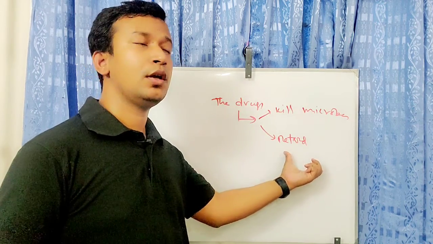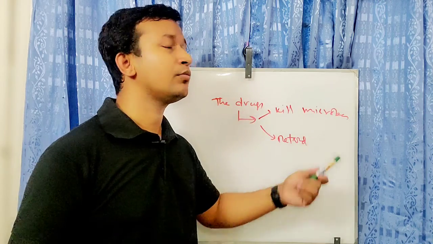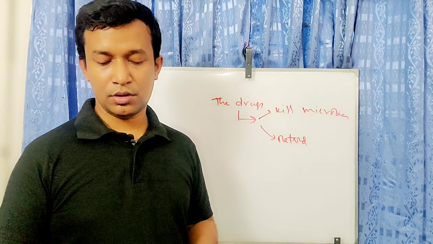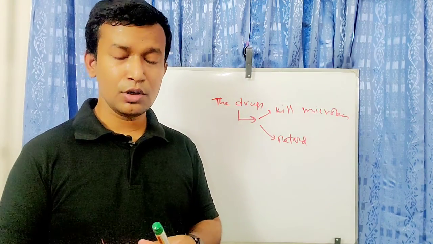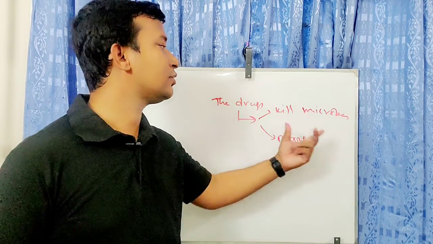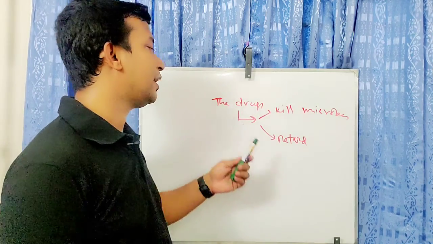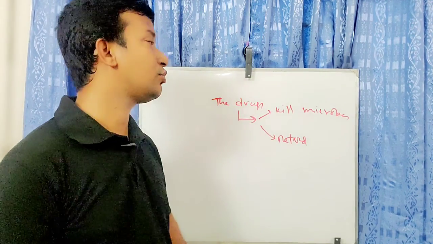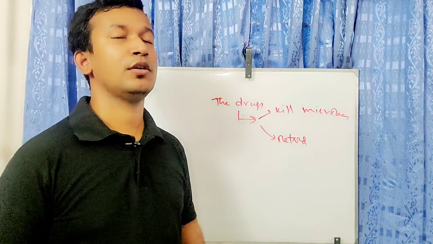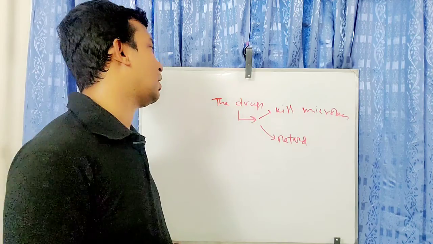Either they kill them or they retard their growth. And while we are talking about killing microbes or retardation of microbial growth, the question is whether it will also kill us or retard our cellular function. Obviously, by definition, antibiotics cannot provide any harmful effect to our cells.